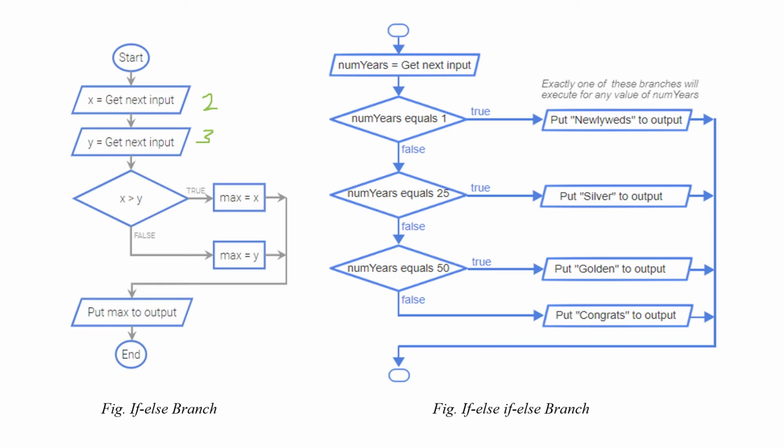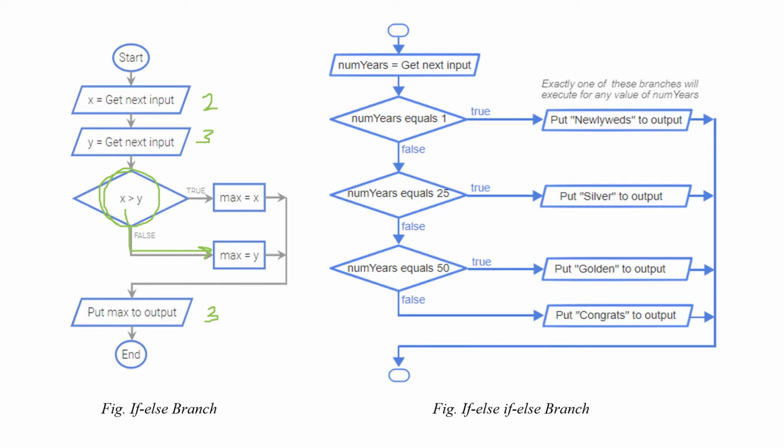It goes to the if block. So right here, x greater than y. Is 2 greater than 3? It's false. So it goes to the false block, like the else block, and it prints out the maximum value to be y, that is 3, and the output will be equal to 3.